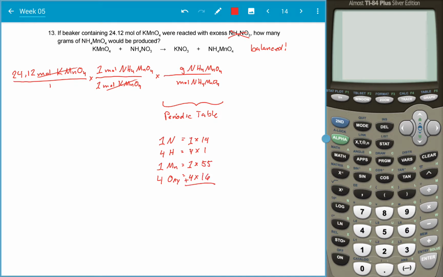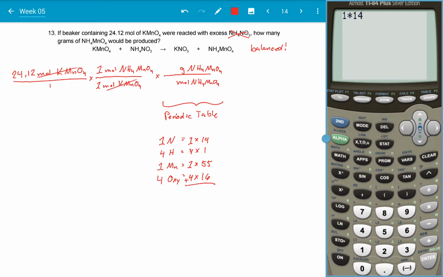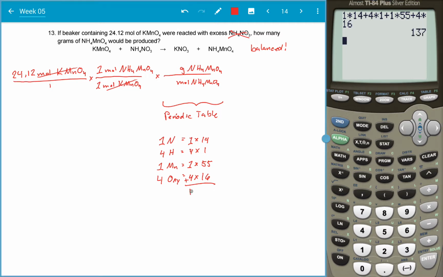And if we add that all up, 1 times 14 plus 4 times 1 plus 1 times 55 plus 4 times 16 gives me a weight of 137 grams per mole.